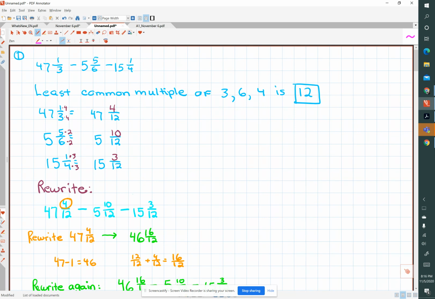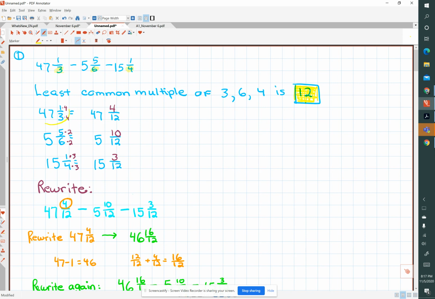First, we want to think about the least common multiple of these denominators, of the 3, of the 6, and of the 4. And when I look at those, I know that because I've worked with them a lot, the smallest number that each one of those is a factor of is 12. So now we'll do some conversions.